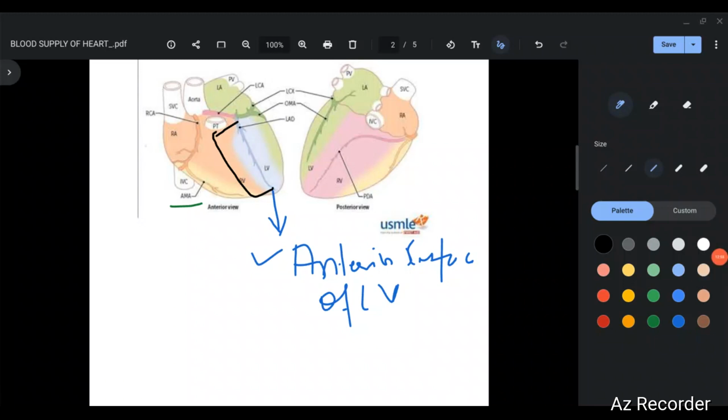The anterior 2/3 of this interventricular septum is supplied by your left anterior descending artery. Now tell me, which artery supplies the posterior 1/3 of your interventricular septum? Yes, it's your posterior descending artery.